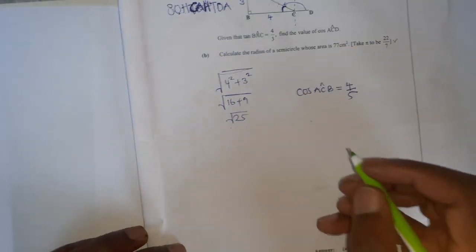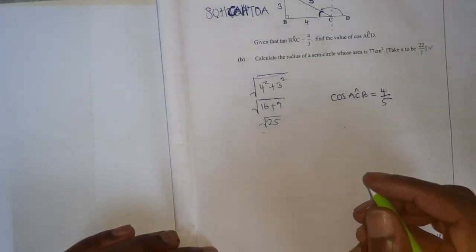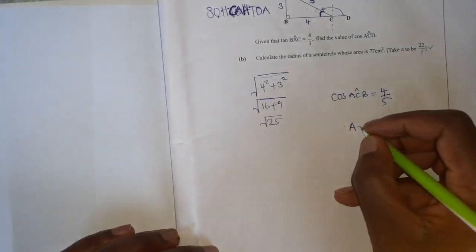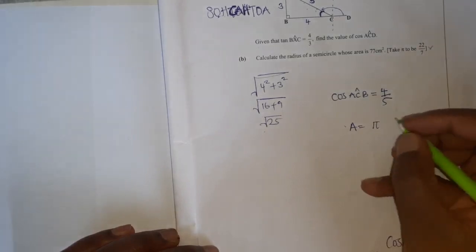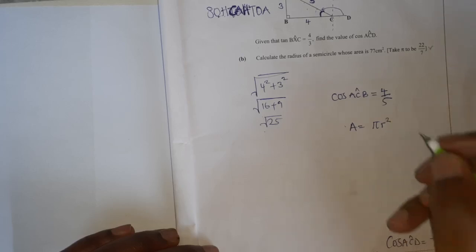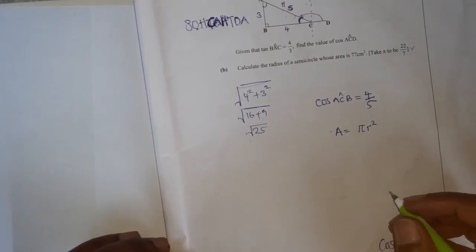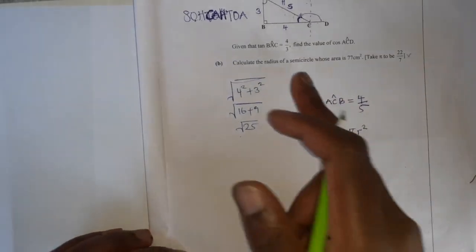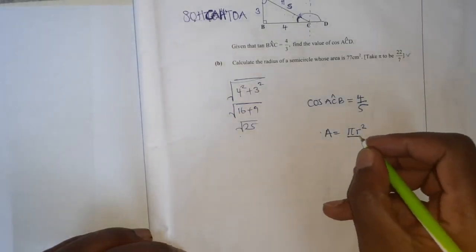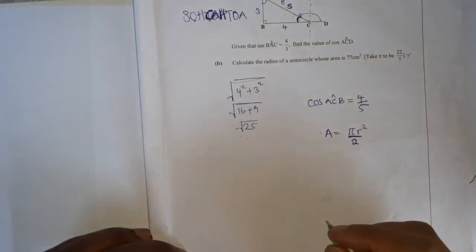The first thing that we are supposed to know here is what formula we use to find the area of a circle. This is the formula that we use to find the area of a circle. Since we are talking about a semicircle, it is half of this one, so we divide this by 2.